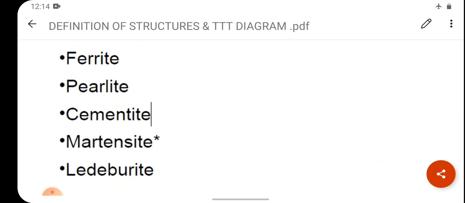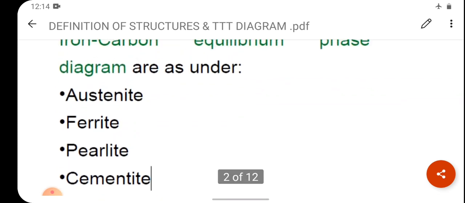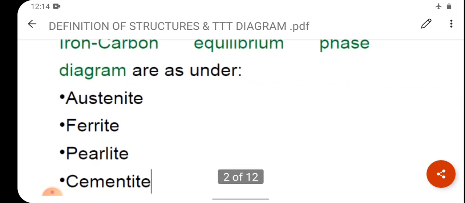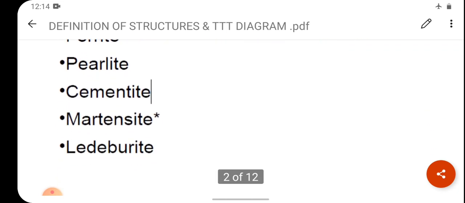I haven't discussed this till now, so I'll discuss martensite in this video lecture series. And the last one is lead borite. So these are the different structures present in the iron carbon equilibrium diagram.